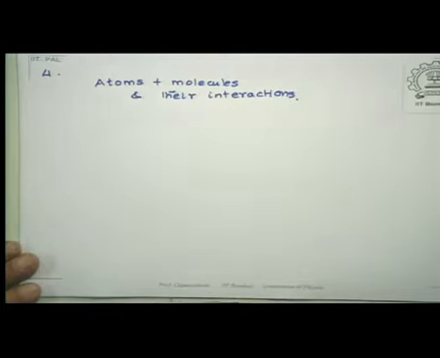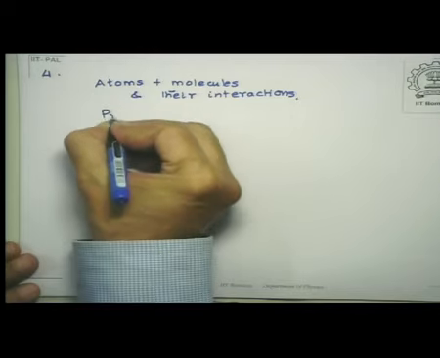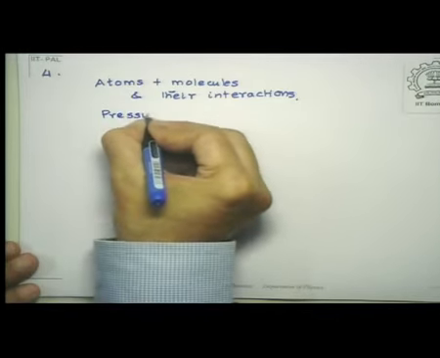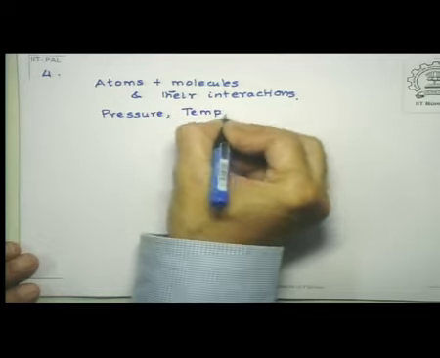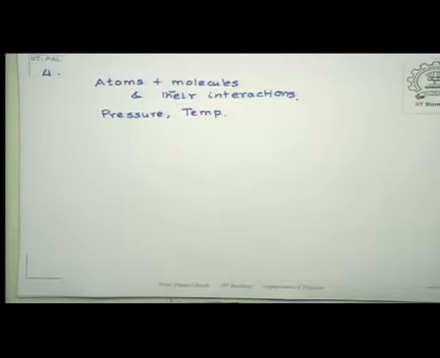Ability to conduct also depends upon the physical condition of the material, for example, pressure, temperature, etc. We will be talking about one or two of these things later, but this is roughly what happens.